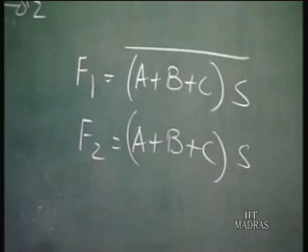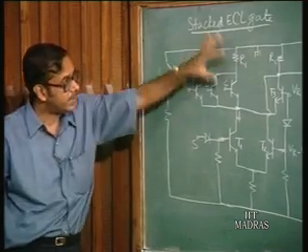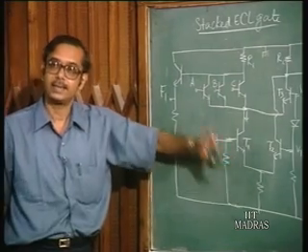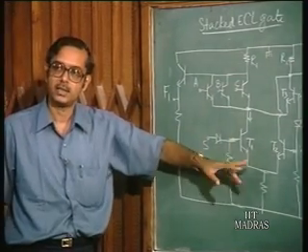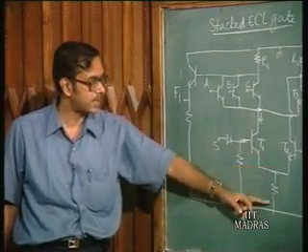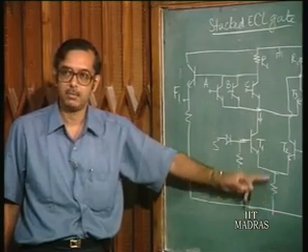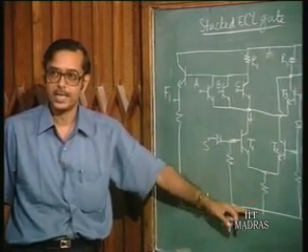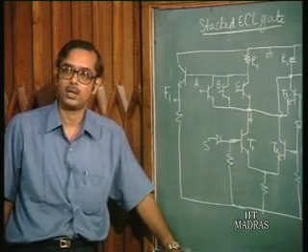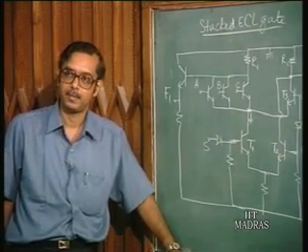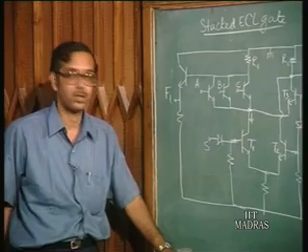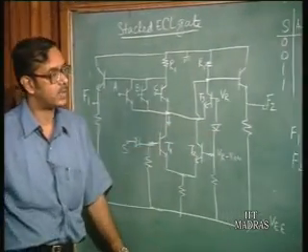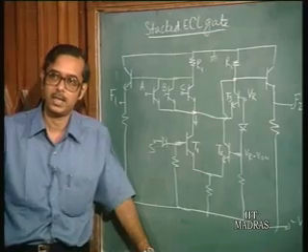So you see, the basic idea is that in this configuration the power dissipation is the same as that of just an ECL OR NOR gate, because the same single current is flowing as in an OR NOR gate. This is the standard ECL OR NOR gate. The power dissipation is the same, but what you have got out of this is larger functionality.